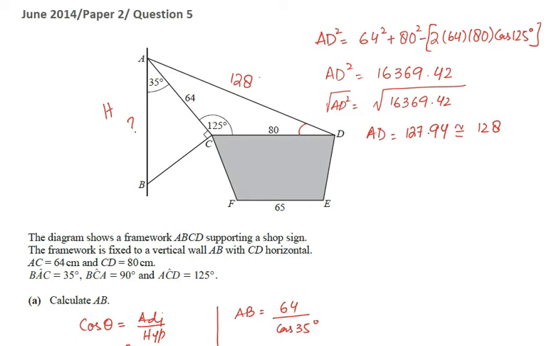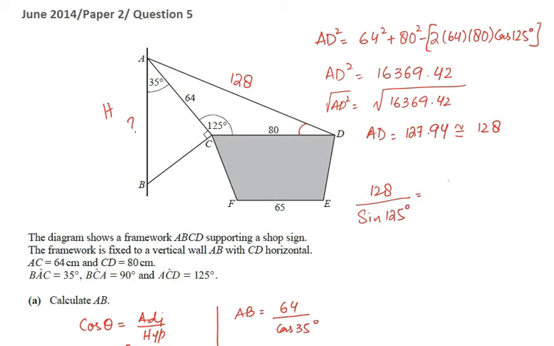Remember just one thing: whatever side you write in the numerator, the opposite angle will be in the denominator. So if we write this 128 in the numerator, in the denominator we will write sine 125.